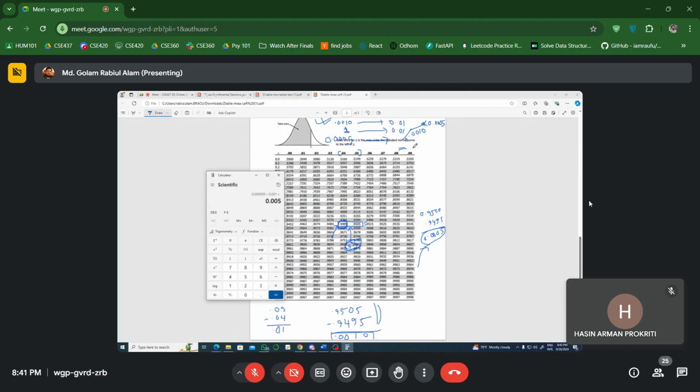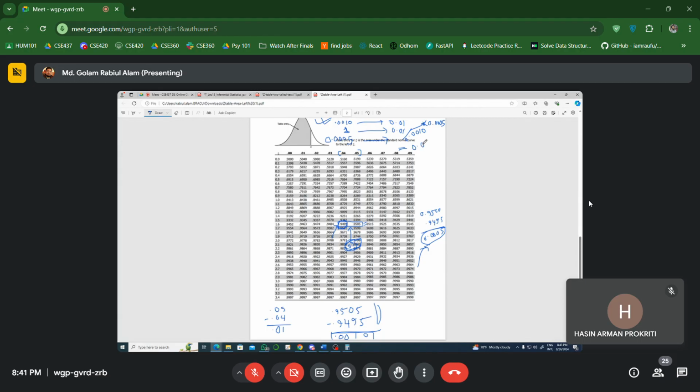So it means the difference is 0.005. That means for this much difference, the standard deviation difference will be this much.